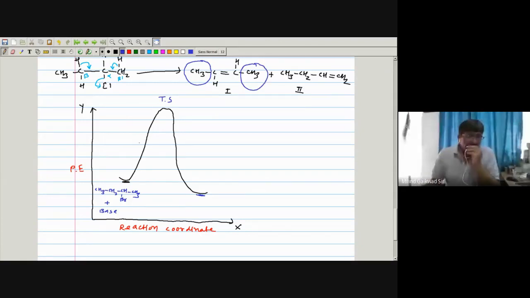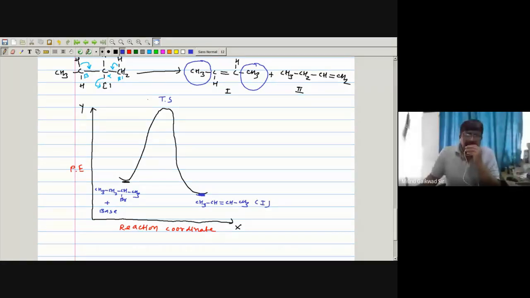It is seen that the energy required for the formation of the transition state is, suppose we take, this is the energy of the transition state for this compound. So here we write the compound number 1, that is CH3, CH, double bond, CH, and CH3. So this is the energy of compound number 1.